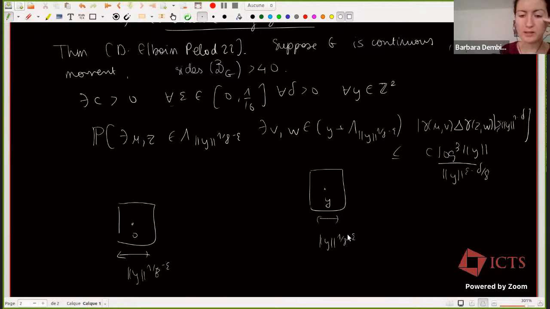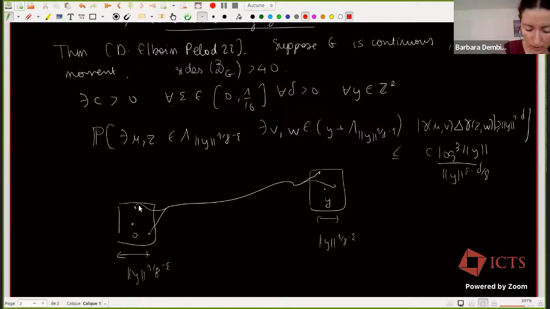What we say is that with high probability, a probability that is polynomially good, if you look at these two cubes, then all the geodesics, taking any two endpoints in the cubes, on this good event that happens with very large probability, will really coalesce along most of the way.